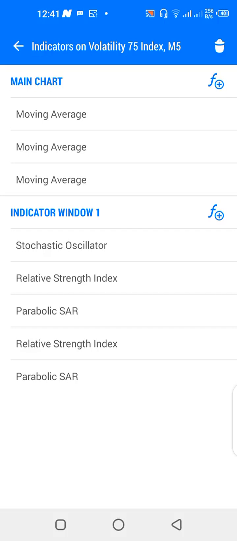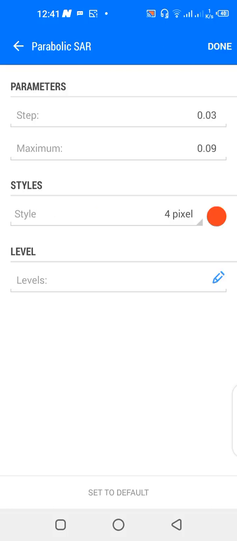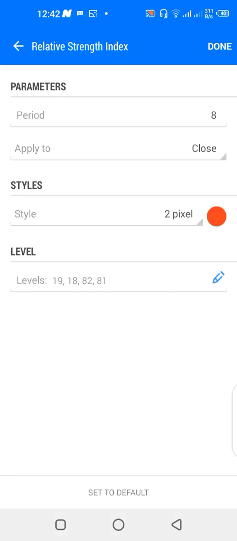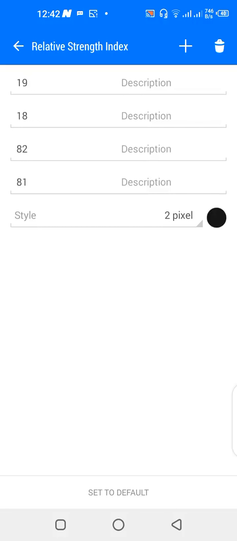As for the RSI, then the parabolic SAR, we have step is 0.03, maximum is 0.09, and the color is red. That's for the first parabolic SAR. Now the second relative strength index, we have period is 8, apply to close, color is red. Now let's look at the levels.